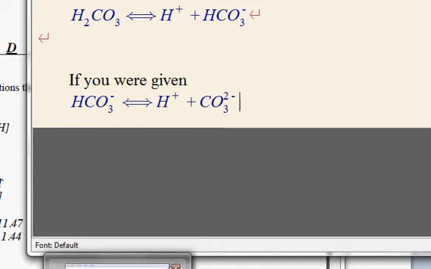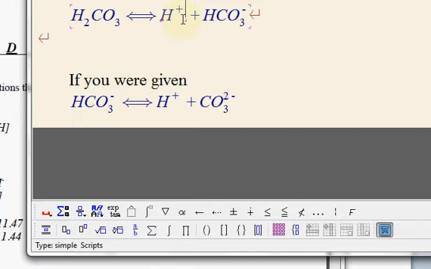And with this, you use Ka1 because it's the first hydrogen that is lost. So I'm going to erase the other example.